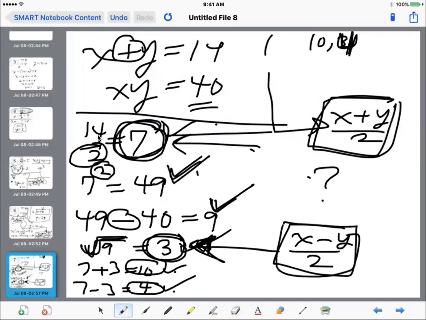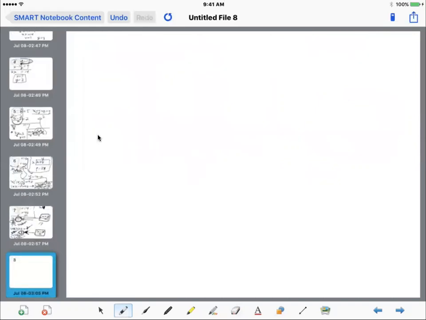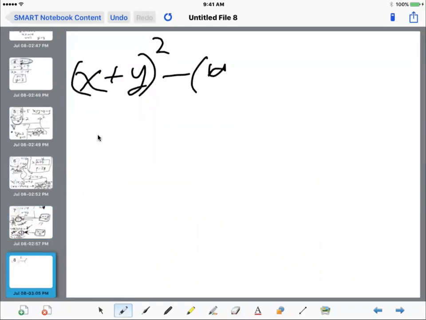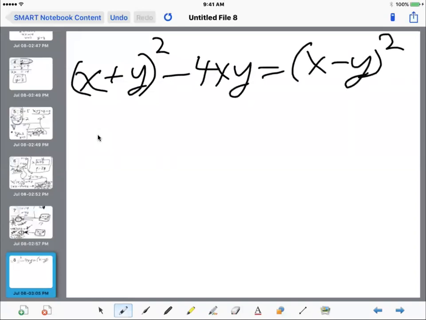Well, that is all because of the major Babylonian identity I mentioned yesterday: x plus y squared minus 4xy is equal to x minus y squared. That's the big Babylonian fact. If there's one thing that they did, it's they recognized this is true always.